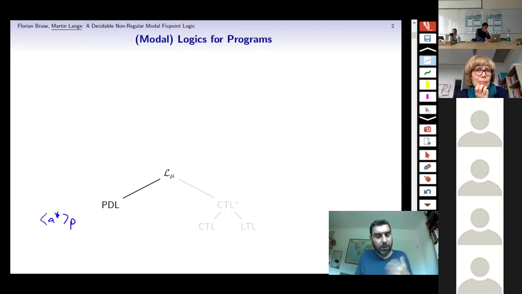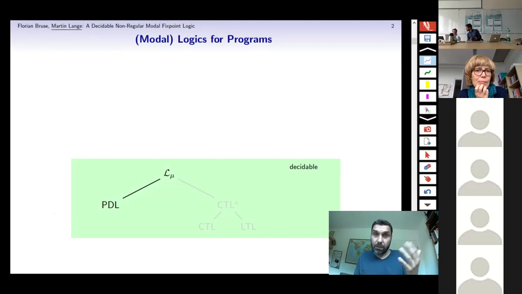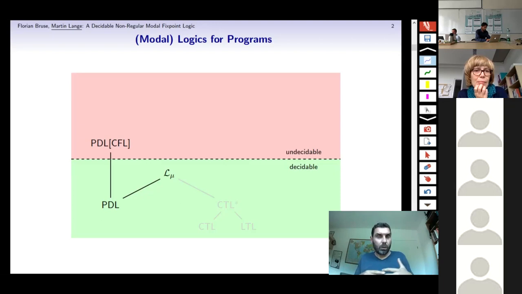One of the characteristics of such logics is that they are all decidable, that their satisfiability problem is decidable, and that's closely linked to the finite model property. But this is not all we know in this area of modal logics of programs. There's also been a considerable amount of research going into undecidable logics, for instance PDL over context-free languages.